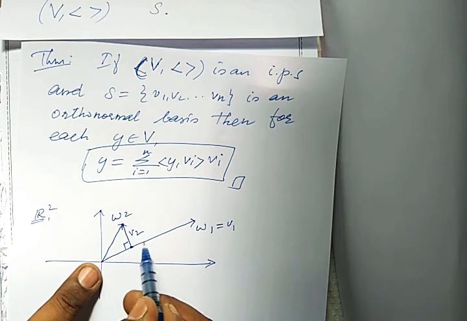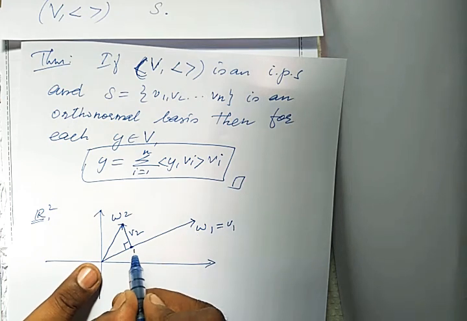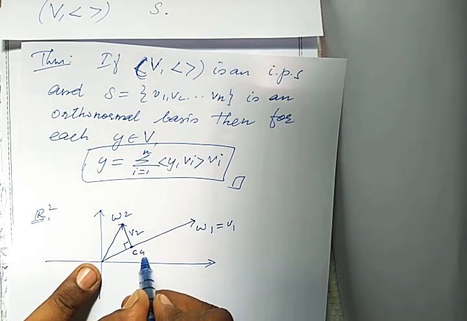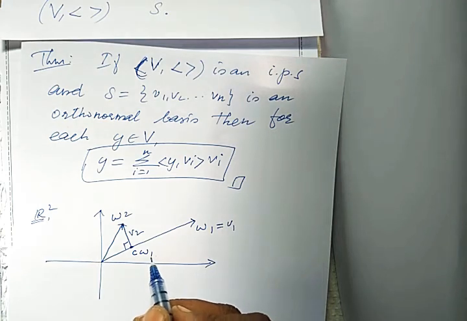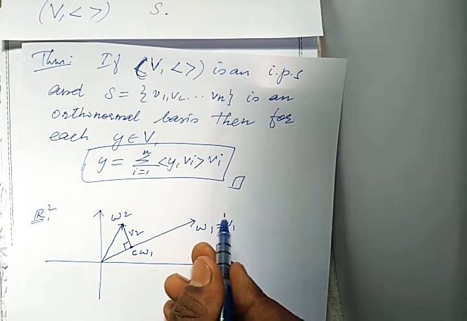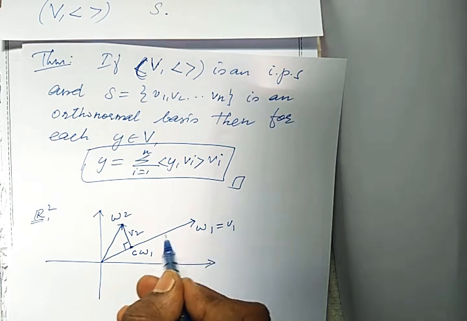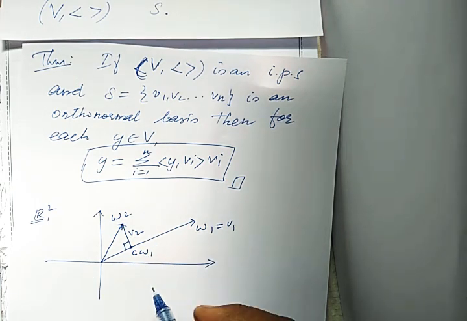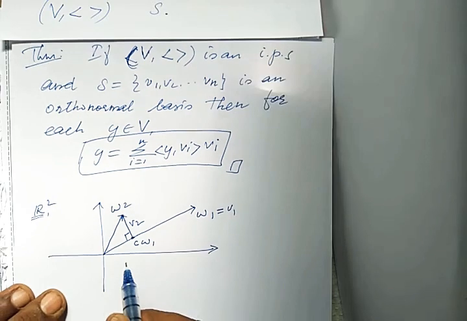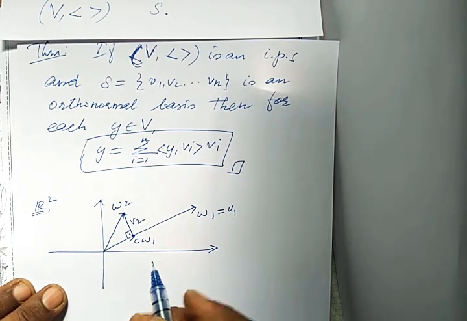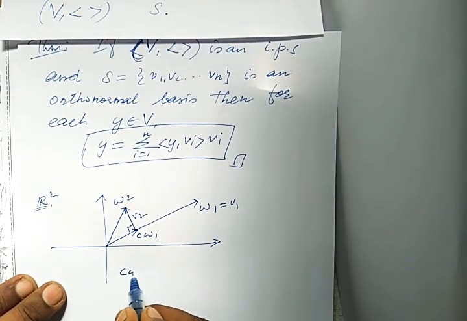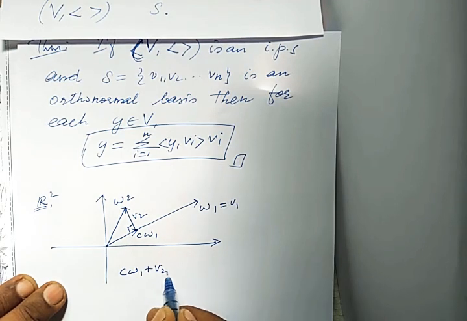See, this is W1. So this point will be some C times W1, right? Because if you take any point on this line, that will be some C times W1 only. If you add CW1 plus V2, we will get W2.